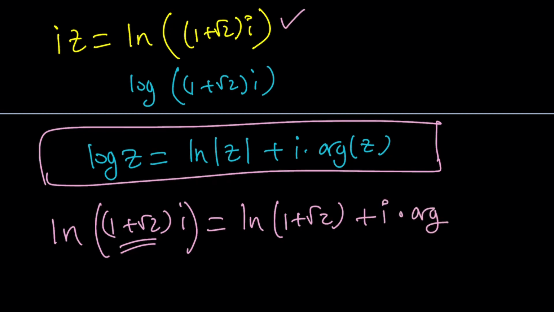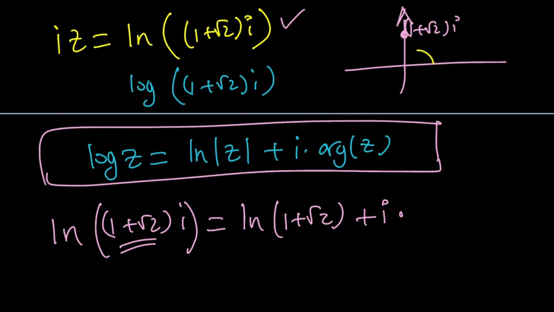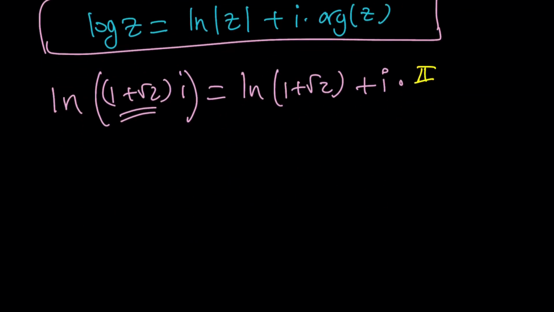But wait a minute, what's the argument? We said that it's pi over 2, because if you think about this number, it's going to appear here, 1 plus root 2 multiplied by i. That's a positive number times i, and my argument is going to be pi over 2. Therefore, I can just multiply by pi over 2. Of course, you're allowed to add pi over 2 plus 2 pi k for all the values, but I'm just going to use the principal value again.